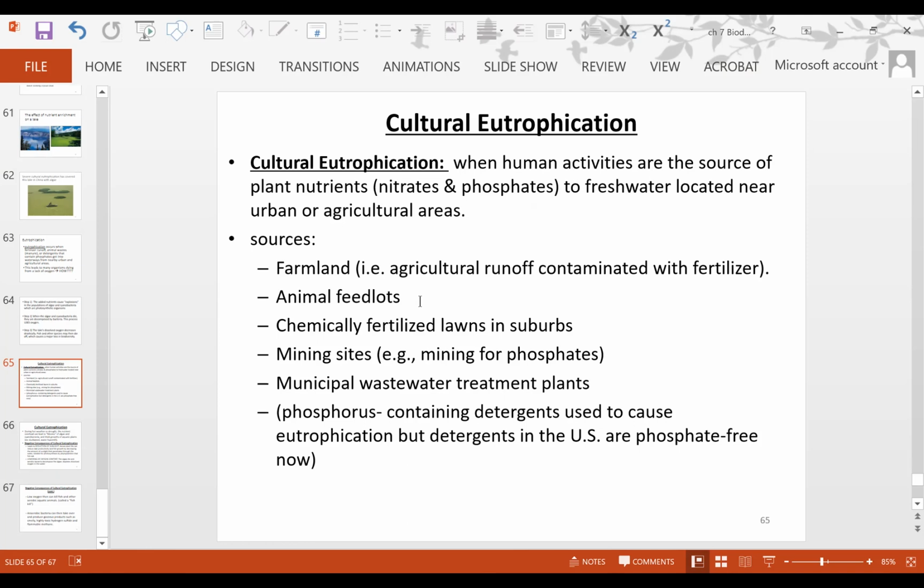And then the phosphorus in detergents used to cause a significant eutrophication problem, but today in the United States, detergents are phosphate free because of the eutrophication that has happened related to detergents.